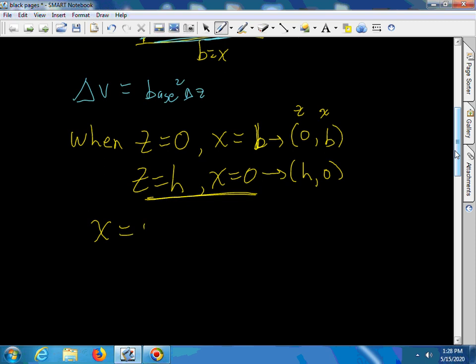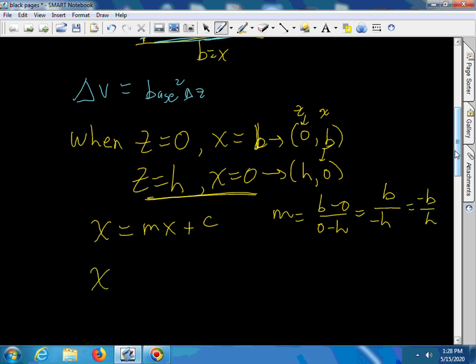Okay, now let us find the equation of this line. You know that x is equal to mz plus, I'm not going to use b for the intercept, since I already am using the letter b, so we'll call it c. Now, what is the slope? Well, it's the change in the second coordinate, which happens to be x, divided by the change in the first coordinate, which is 0 minus h, which is b over negative h, which is negative b over h.